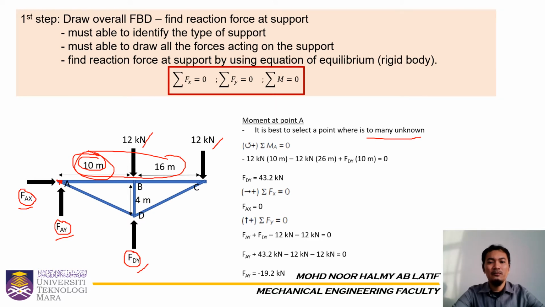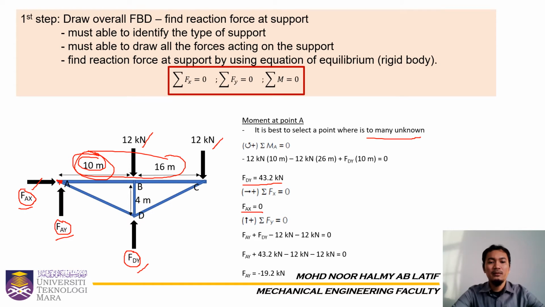By solving the equation, we get FDY equal to 43.2 kN. So we proceed with summation of force in the x direction. Since we only have one force acting in the x direction, which is FAX, FAX will be equal to 0.